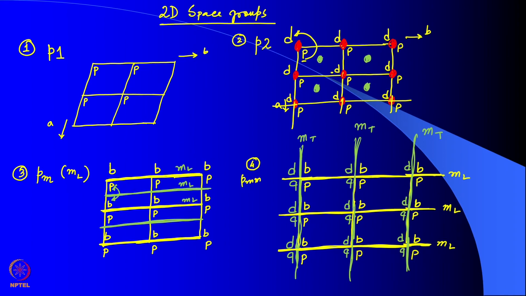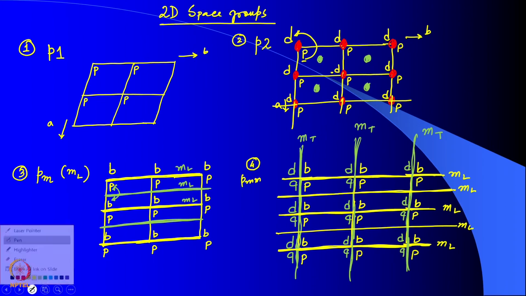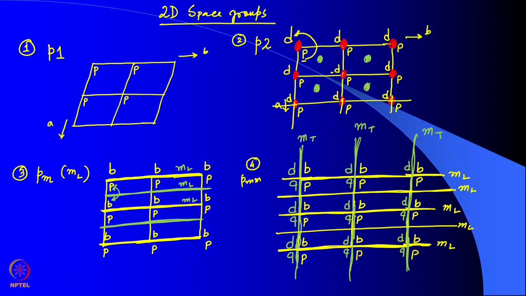So what we see here is in the middle, parallel to the longitudinal mirror, there is a new mirror plane that has got generated. Similarly, in the middle between the two transverse mirrors, a new mirror plane has got generated. So two parallel mirror planes give rise to one more mirror plane parallel to the original mirror.